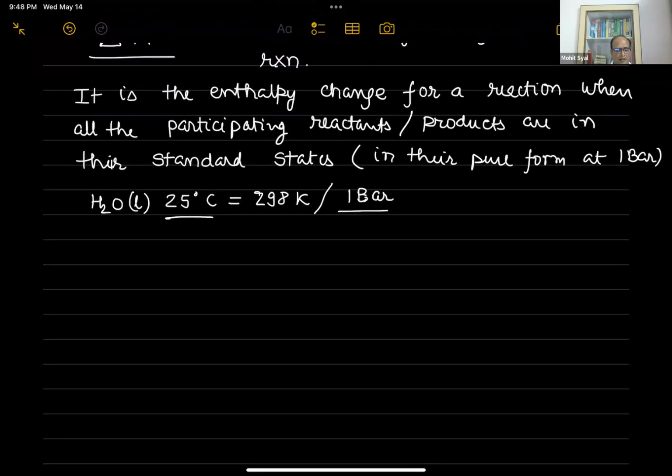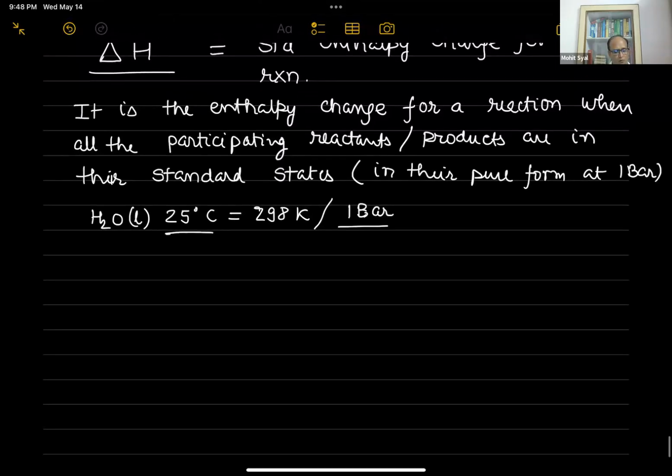So for standard enthalpy change, the reactant and product should be in their standard states, right? For some of the reactants, we are going to introduce that as we move ahead.